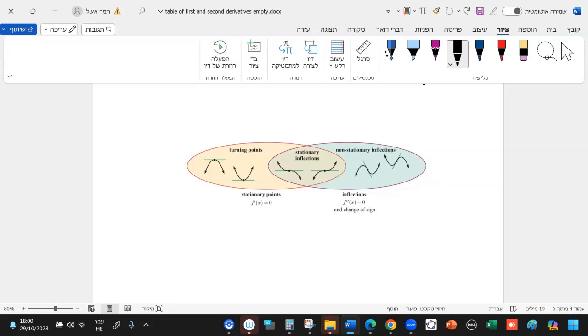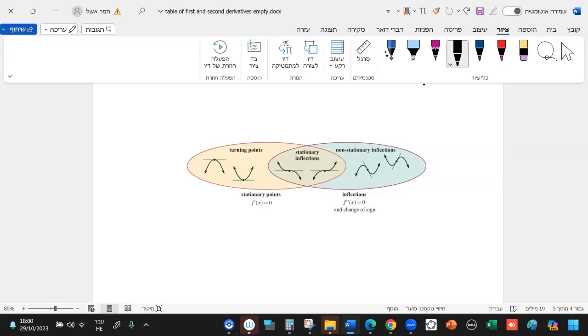Inflection points are all the points where the concavity changes. These are stationary inflections, the two ones in the middle where the gradient is 0, but there are inflection points where gradient is not 0 and still concave up changes to concave down or down to up.